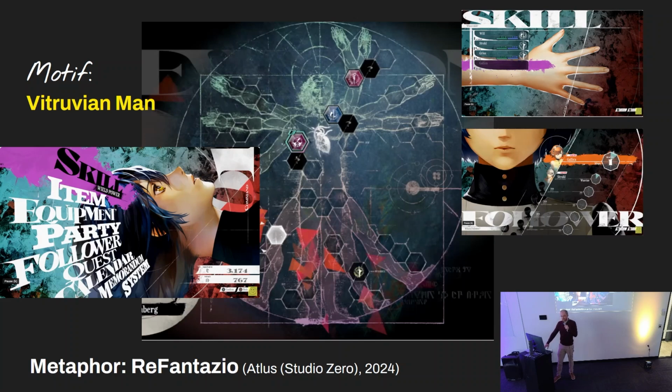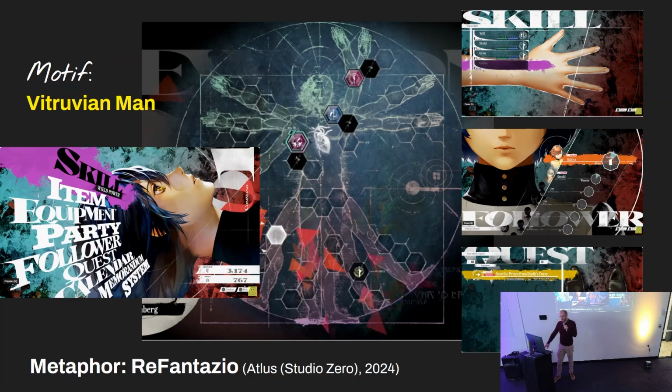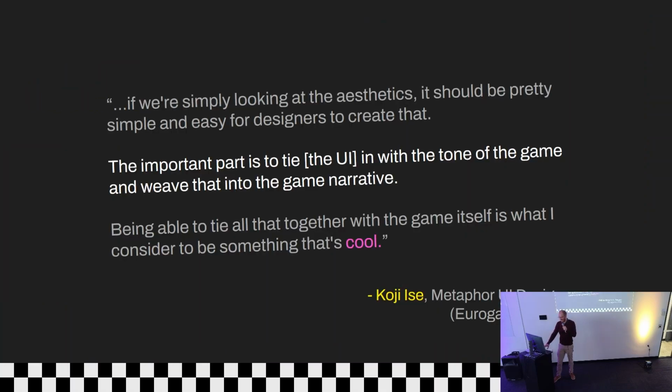The follower menu, where you get followers by bringing them over to your side through speaking, so it's focusing on the neck and throat. Quest. This put me off for a little bit, but it's the feet that you use to move through the world, from various points and progress on your journey, both literally and metaphorically. And this is intentional as well.